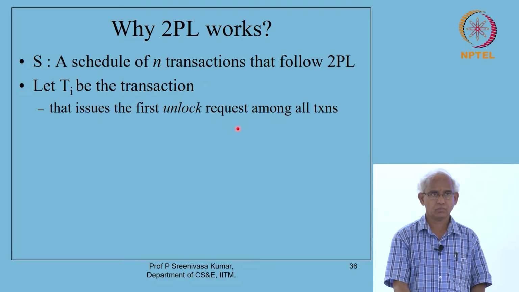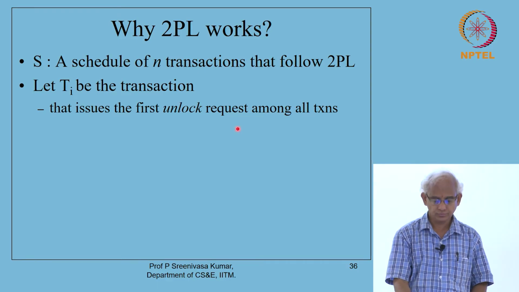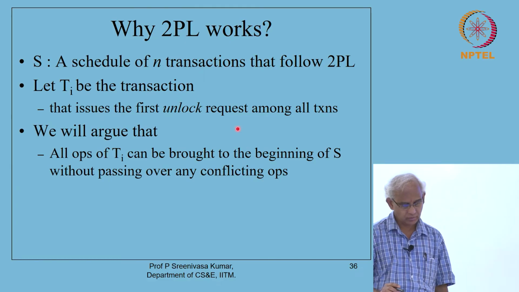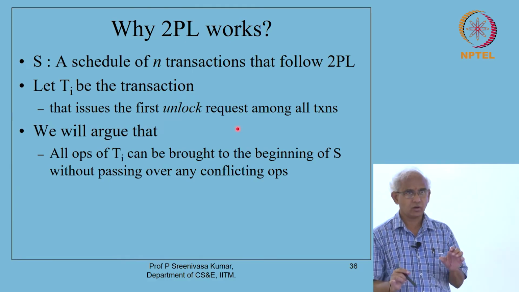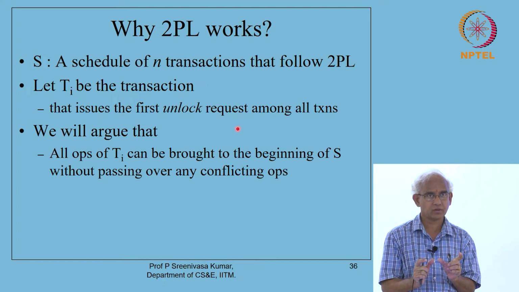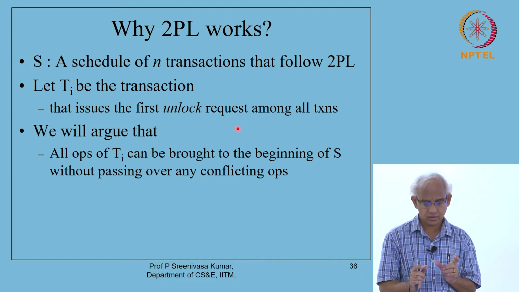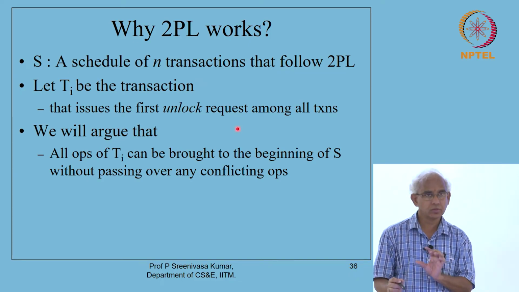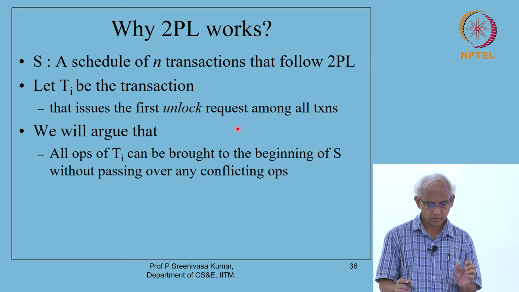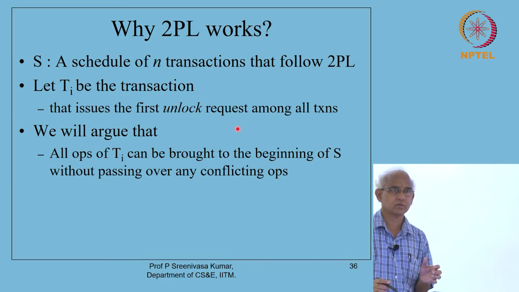Now what we will argue is that all the operations of this particular transaction Ti can be brought to the beginning of the schedule without passing over any conflicting operations.